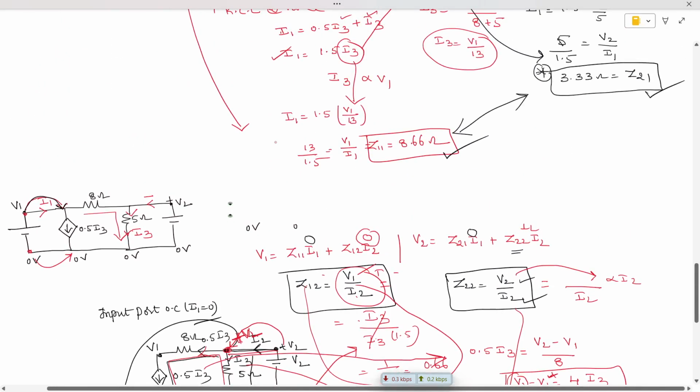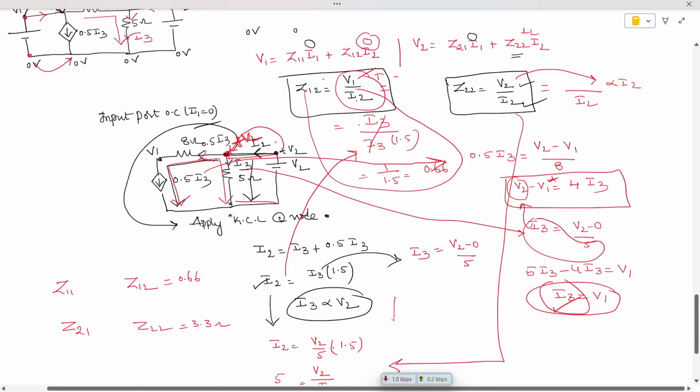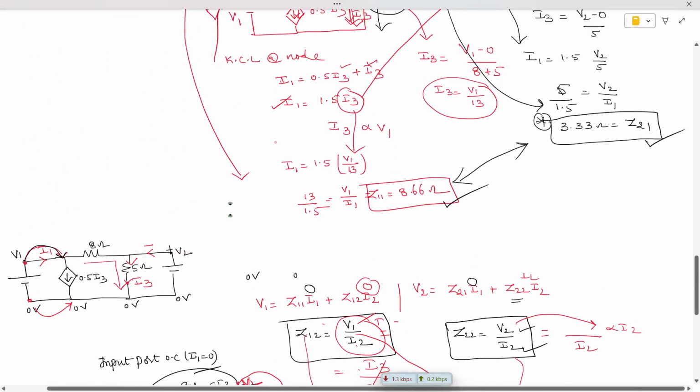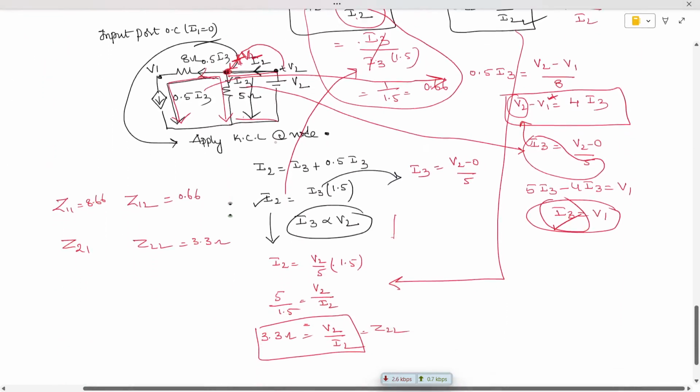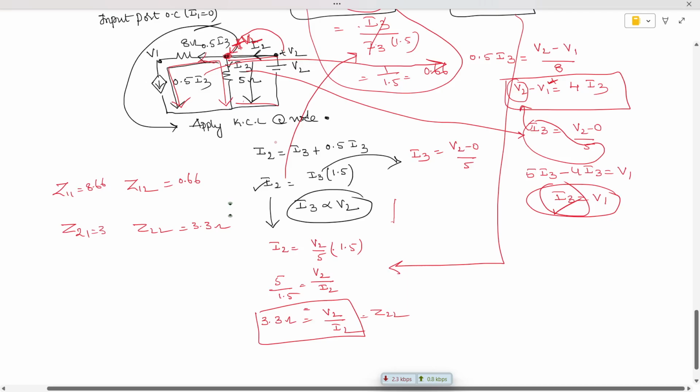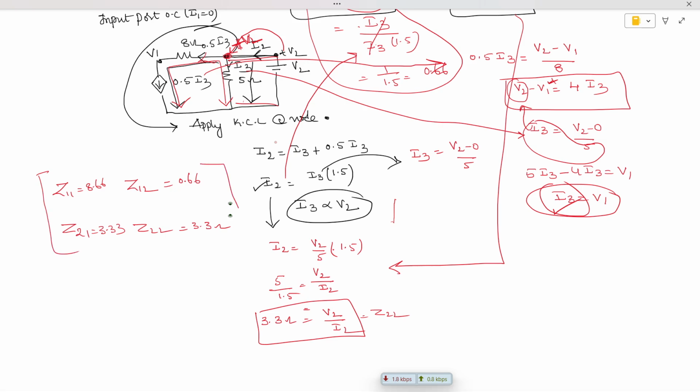Z11 is 8.66. Z21 is 3.33. So this is the resultant Z parameter equation model. We successfully found all the Z parameters.